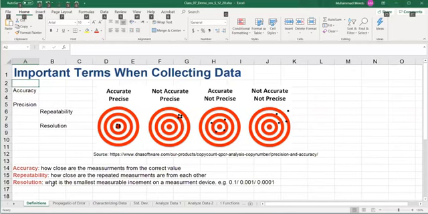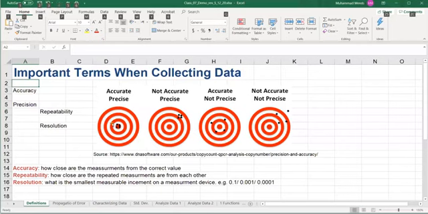Is it 0.1, 0.01, 0.001, or 0.0001? The smaller the increment, the higher the resolution of the instrument. Both repeatability and resolution are a reflection of how precise you can get.